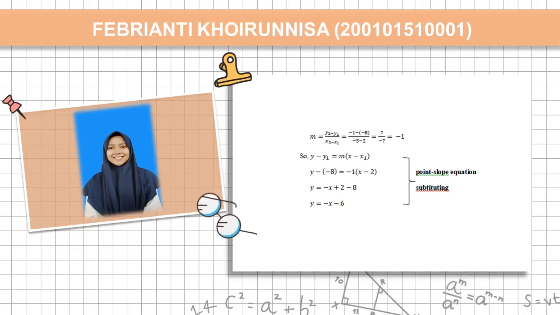From -1 times x minus 2, we get the product -x plus 2. Then we get y equals -x plus 2 minus 8, and 2 minus 8 equals -6. The result is the equation y equals -x minus 6.